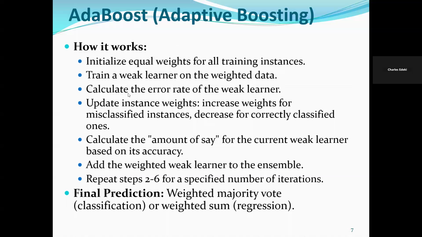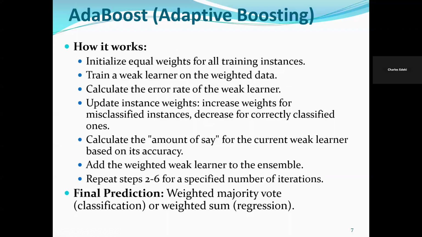That takes us to the third step: we have to calculate the error rate. The error rate of the weak learner must be calculated on the weighted training data, and normally this will be the sum of weights of misclassified instances.